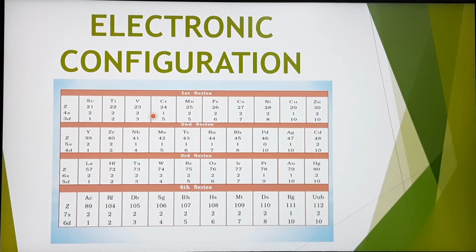Means in the first transition series there are two exceptional configurations, chromium and copper, in the second transition series exceptions are more, and in the third transition series platinum and gold are the exceptions.